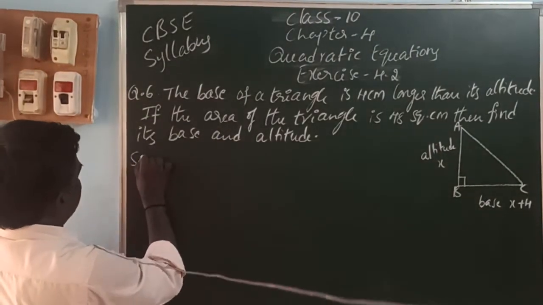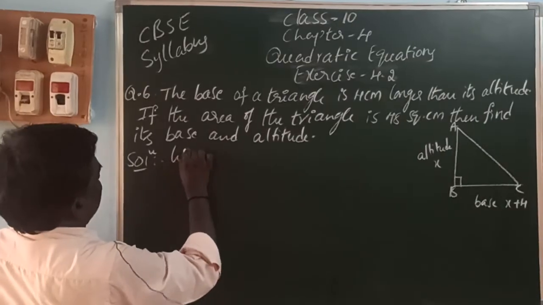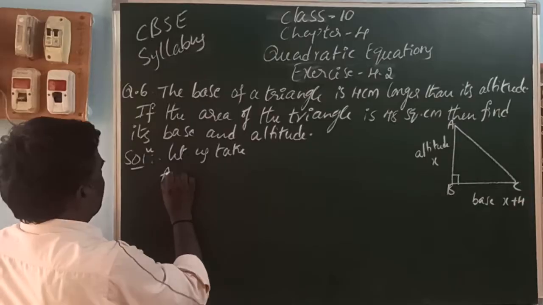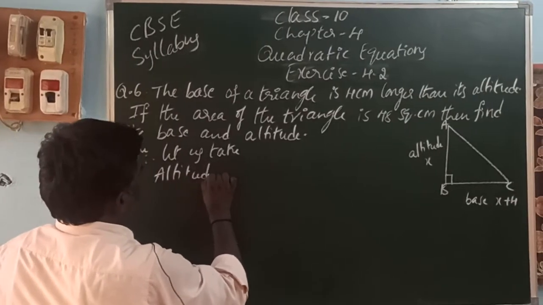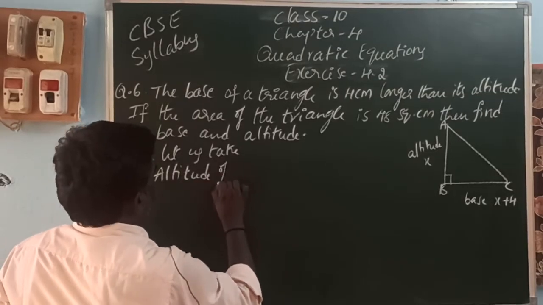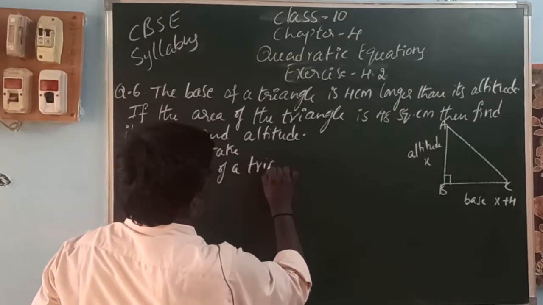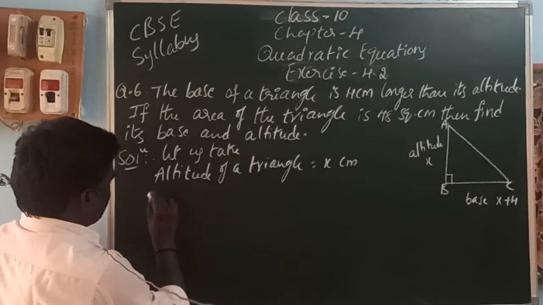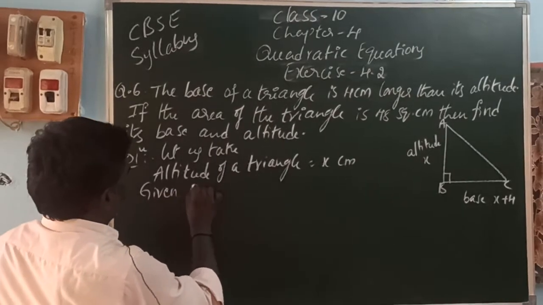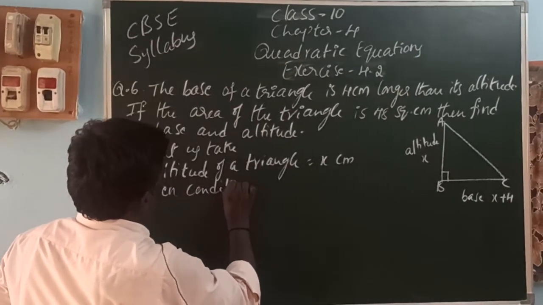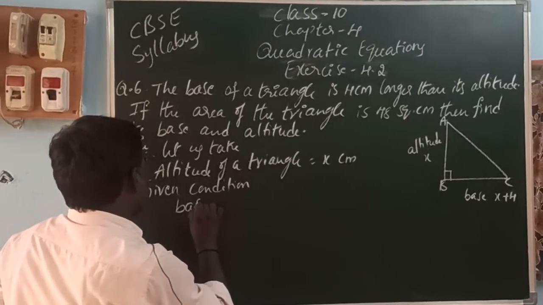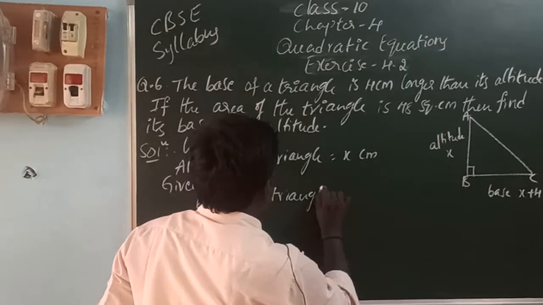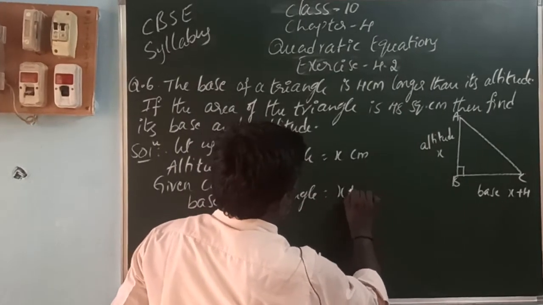So here let us take the altitude of the triangle as x centimeter. Next, given condition: the base of the triangle is x plus 4.